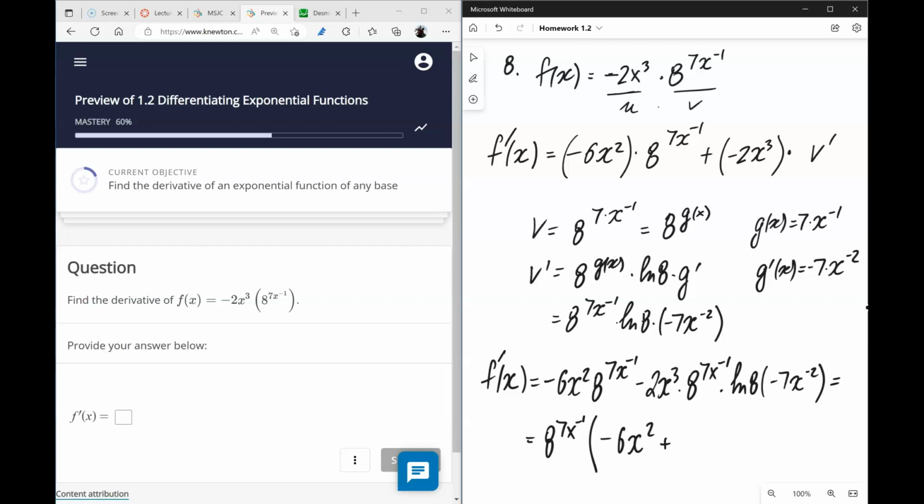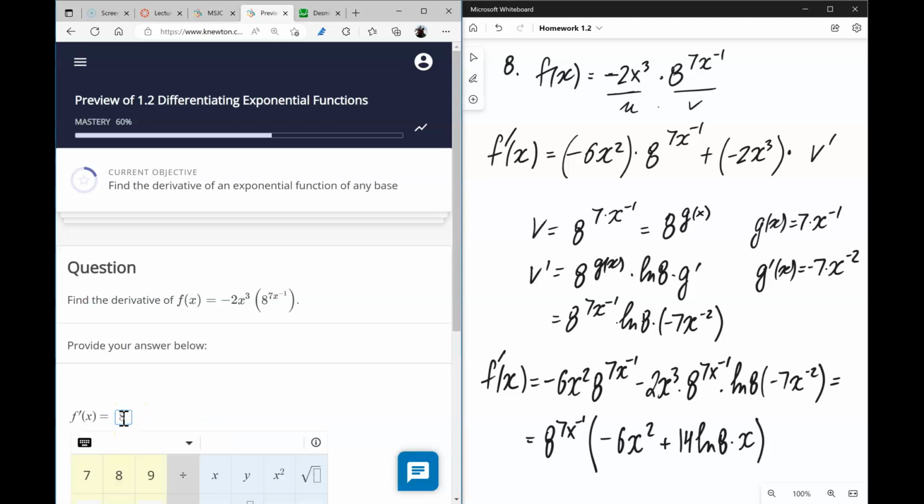And here we have plus 14 ln 8, and we have x. And we can take out probably 2x, but we don't have to. So let's see, 8 to the power 7 over x, and I'm not going to take anything out, minus 6x squared plus 14 ln 8 times x. That's the final answer.